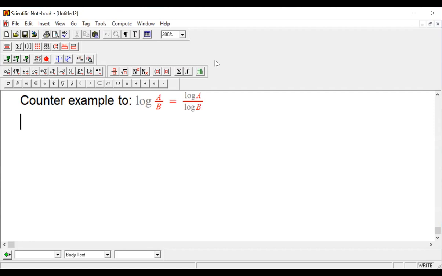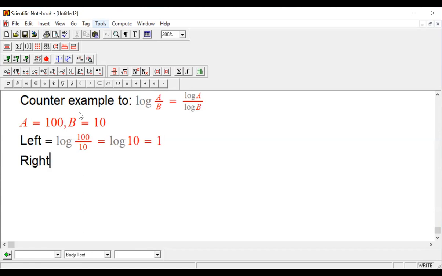The counter example I'd like to give you is A equals 100, B equals 10. What would this be? The left-hand side equals log of 100 over 10, and we do the division first, so we get log 10, which equals 1.